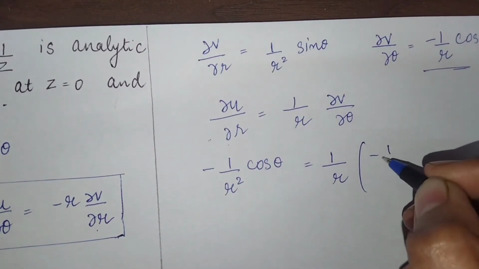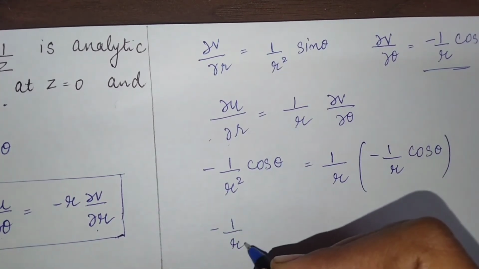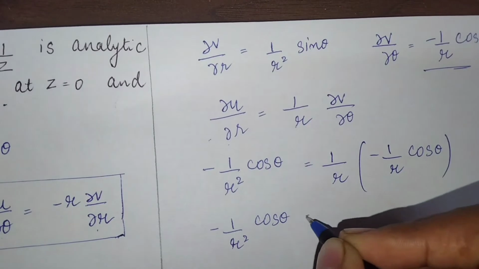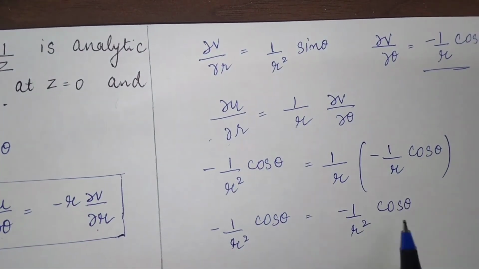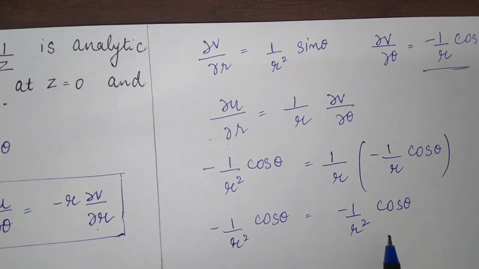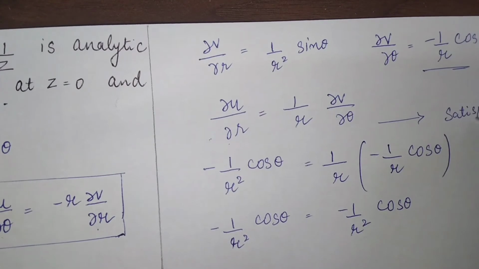This, minus 1 by r cos theta. So we got minus 1 by r square cos theta equal to minus 1 by r square cos theta. We can see here that both the values are same. So this first condition is satisfied.